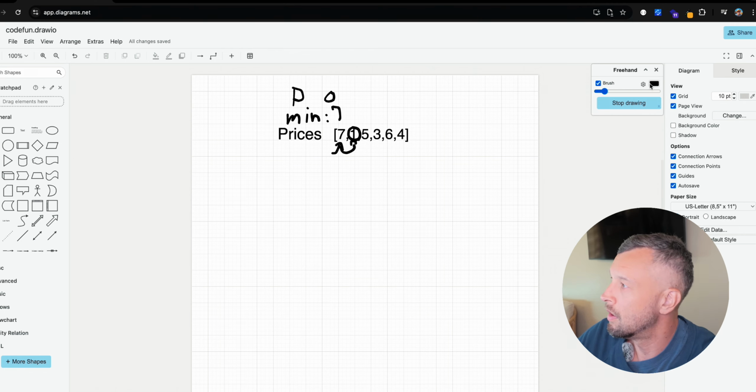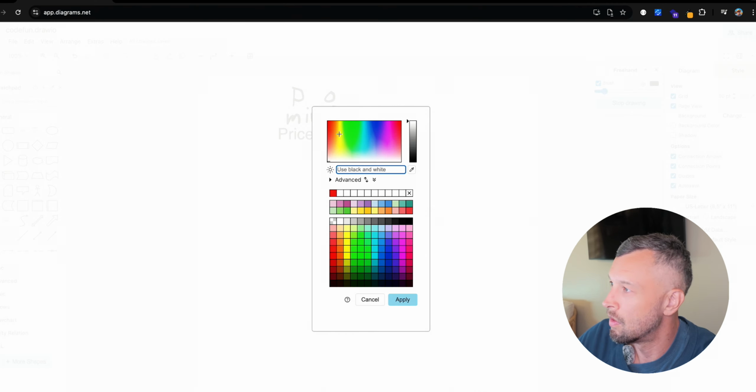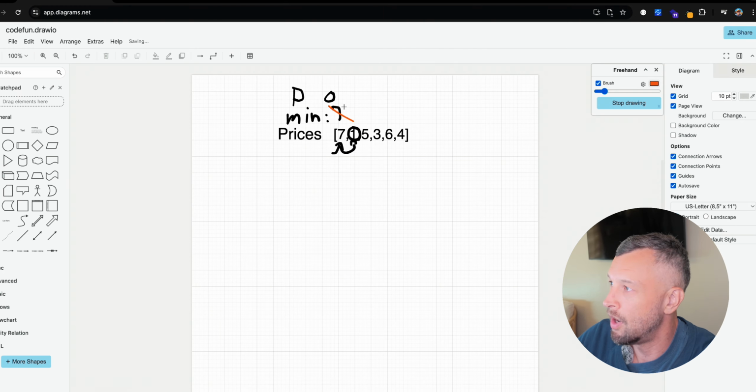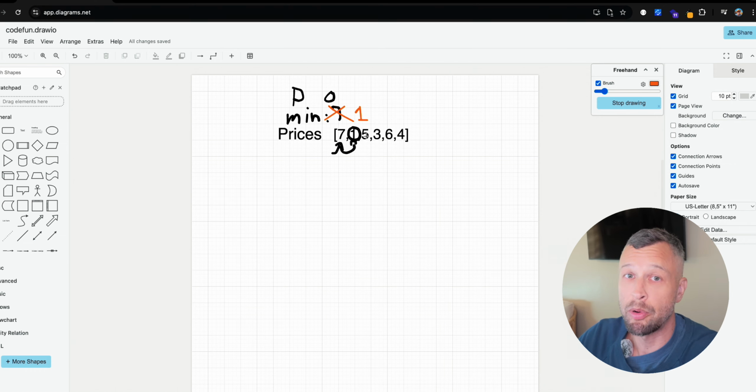So if I can just change the color here, in this case, we would say, hey, we don't want 7 anymore. We want to set it to 1. And throughout the entire iteration of this array, it would stay at 1. Essentially, it would stay at the lowest price that we could buy the stock at.